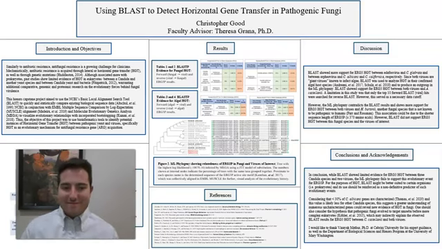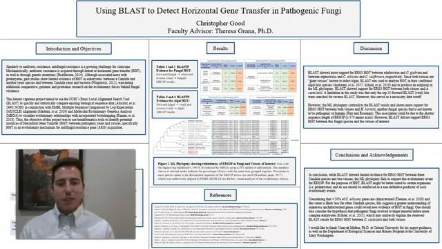So while we didn't find a definitive instance of horizontal gene transfer, we found BLAST evidence for ERG3 horizontal gene transfer that seemed to contradict the maximum likelihood phylogeny prediction of ERG3 horizontal gene transfer.